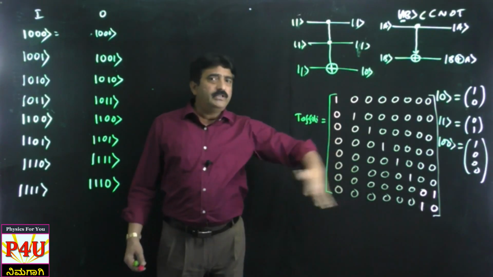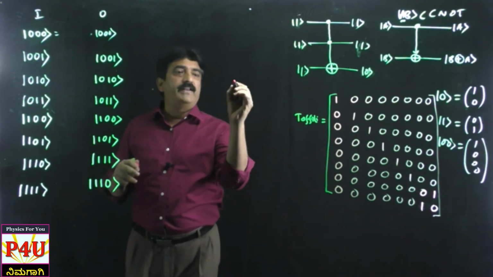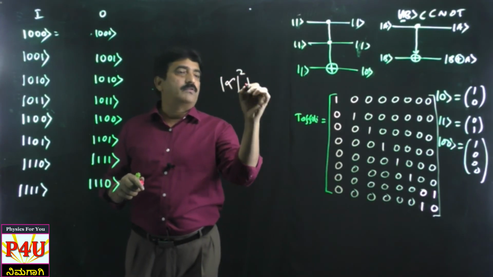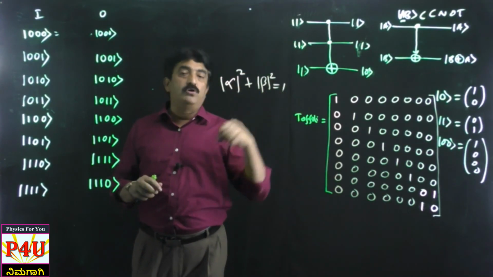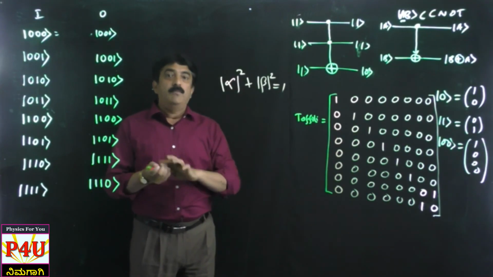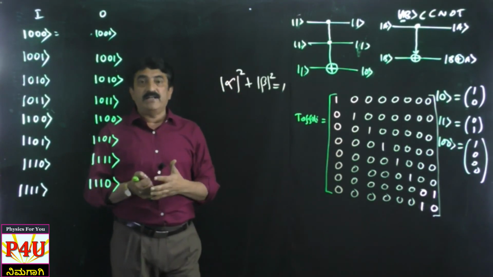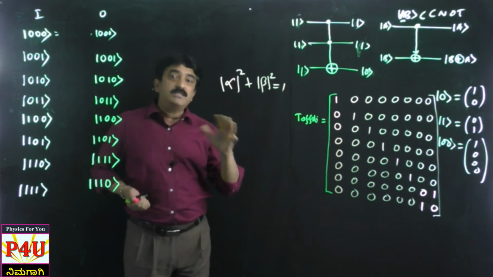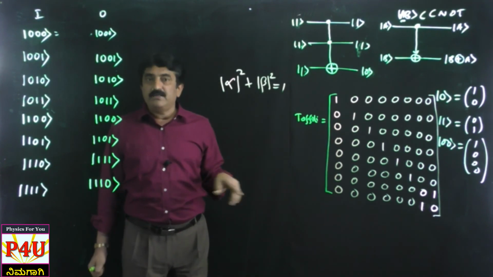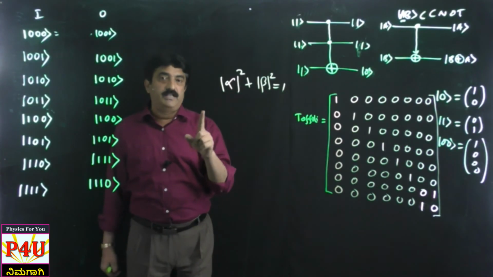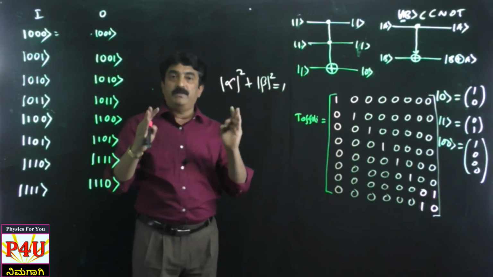In all these cases, we are finally depending upon alpha square plus beta square equal to 1. What are this alpha and beta? Probability amplitudes. Probability amplitude square is probability density. So finally, whatever answer we get is not an exact answer, it is only a probabilistic answer. That means output is only probabilistic.